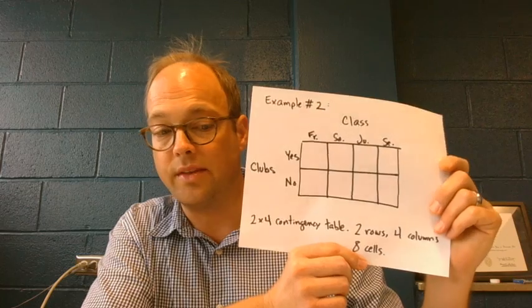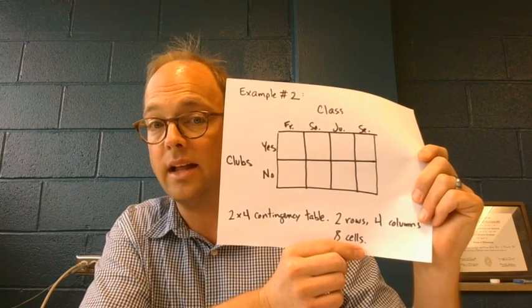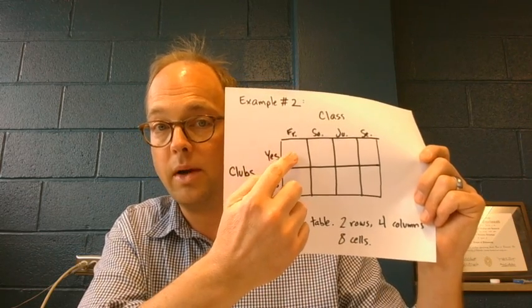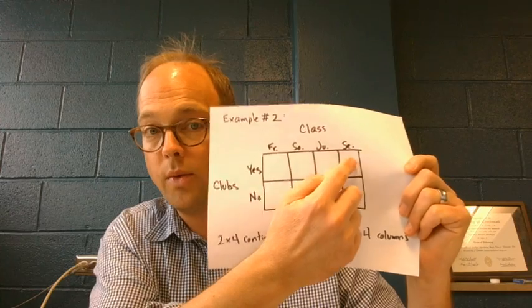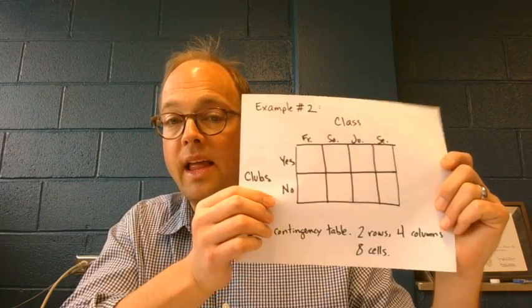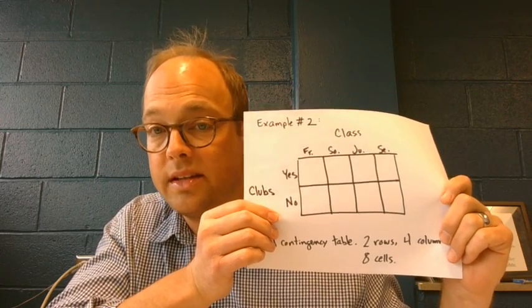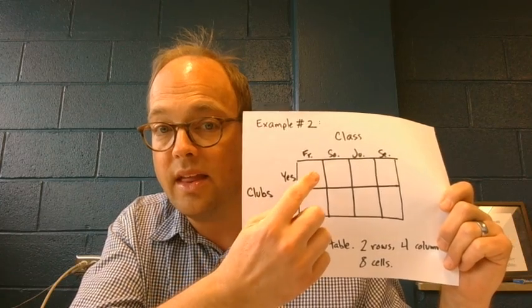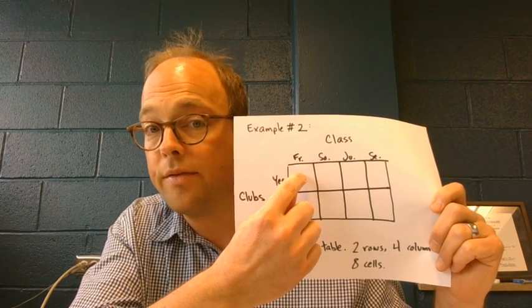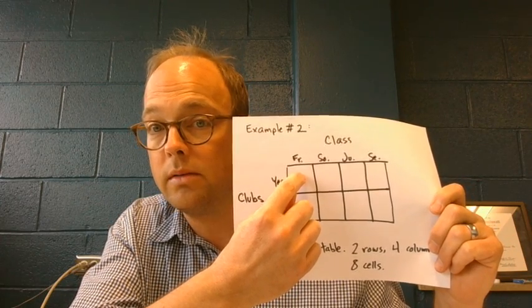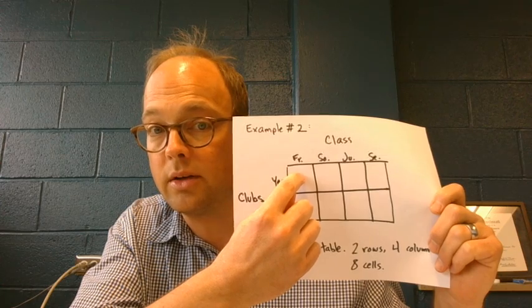Also, I didn't note this on the first example. There are 8 cells represented in this table. We can count them: 1, 2, 3, 4, 5, 6, 7, 8. And each cell represents a different combination of categories. This cell would have freshmen who report participating in extracurricular clubs.